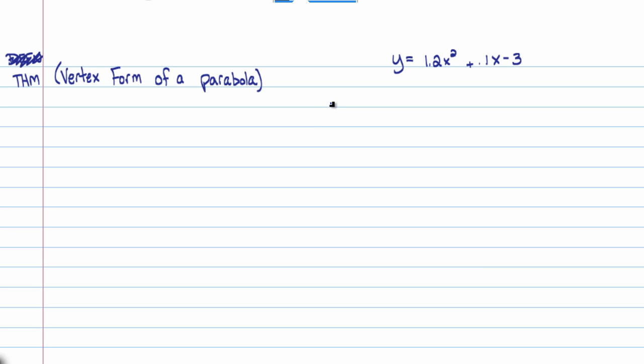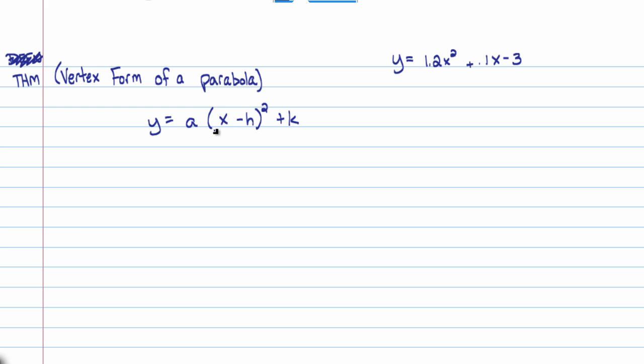They don't hand them in a pretty factored form. So this theorem, vertex form for a parabola, is only useful in textbooks. How's that? It's not super useful elsewhere. That's why I don't really concentrate on teaching it. But this is the vertex form of the parabola. Y equals a times the quantity x minus h being squared plus k.